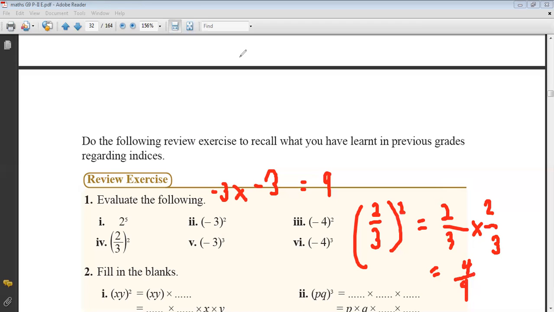Okay, so that's easy. You can do all of this. And here, the third power of negative 4 means you have to write negative 4 three times. Let me do that also, then it is easy for you.